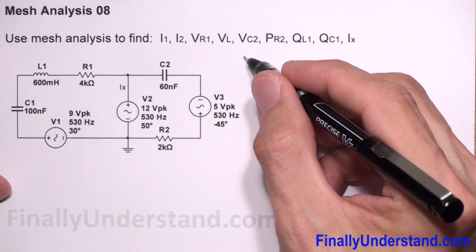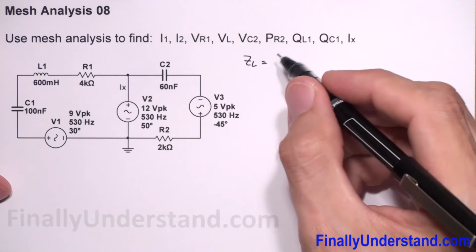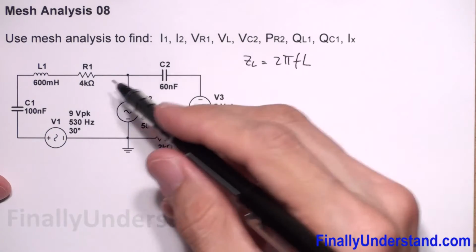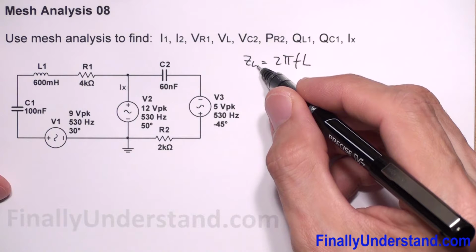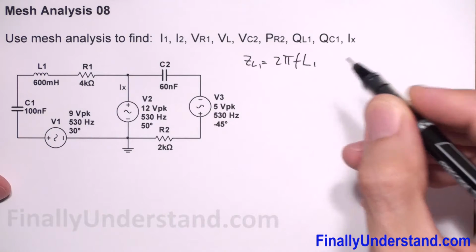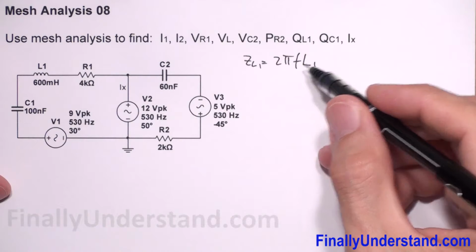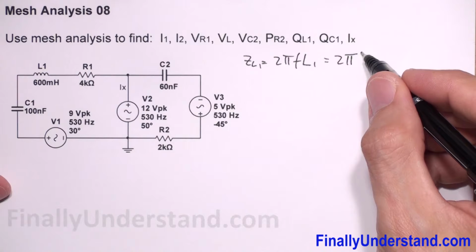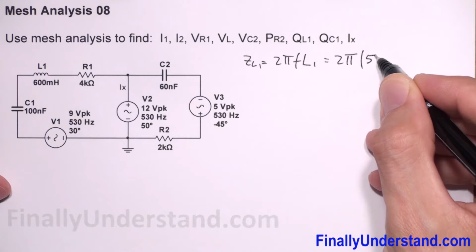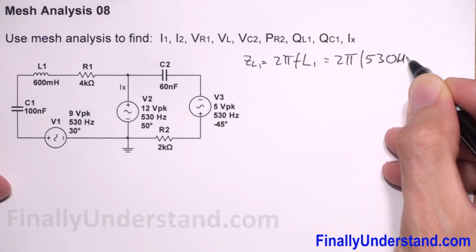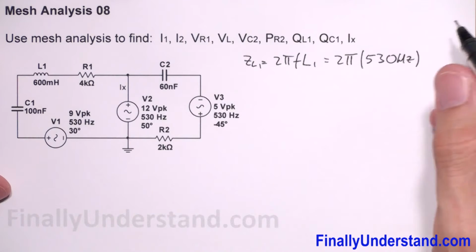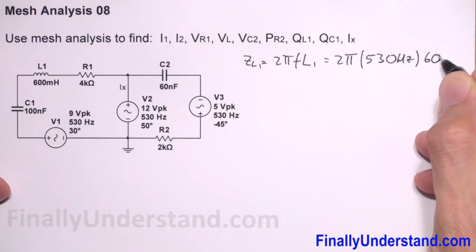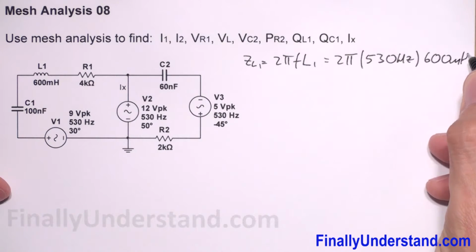So we can find ZL1, and the formula is always 2 pi FL. Because I want to find the impedance of L1, I'm going to write 2 pi F L1, and this is equal to 2 pi times the frequency, which is 500 terahertz, times the inductance, which is 600 millihenries.